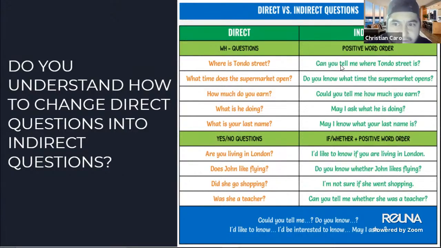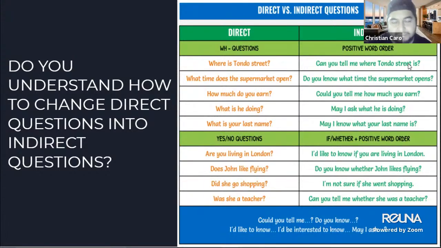You start interrogative and then you end with positive or affirmative. I know it's kind of like a contradiction in itself, but that's the way it is. That's pretty much English, like a whole paradox. So can you tell me where Tondo Street is?